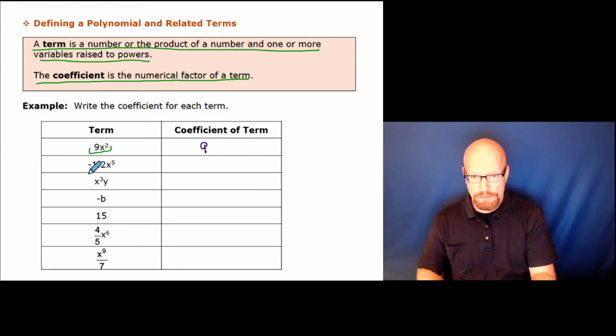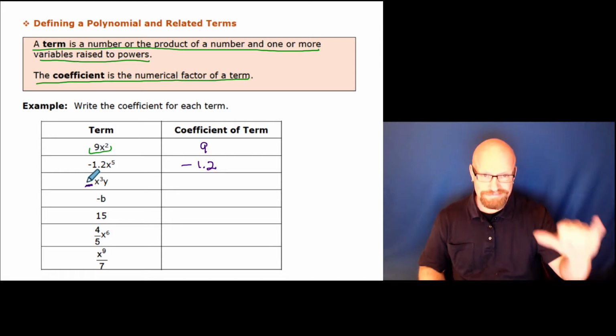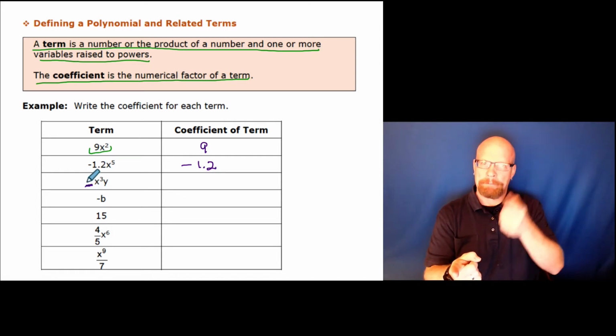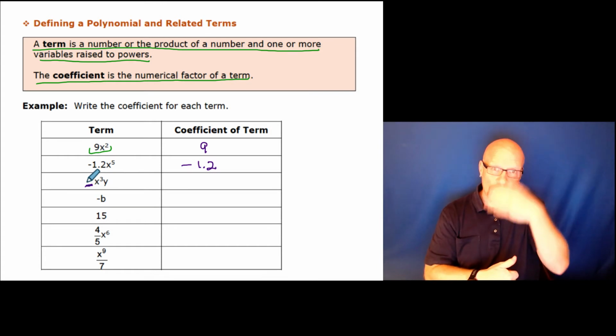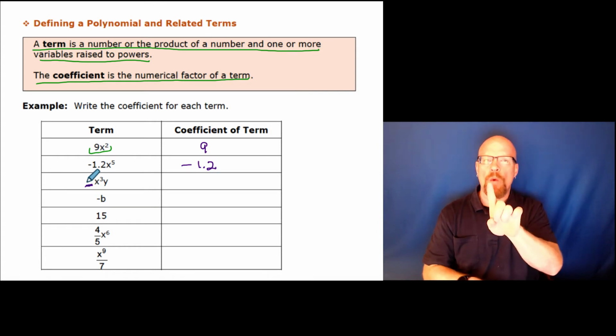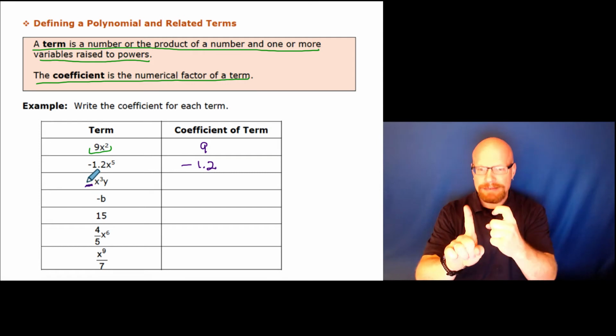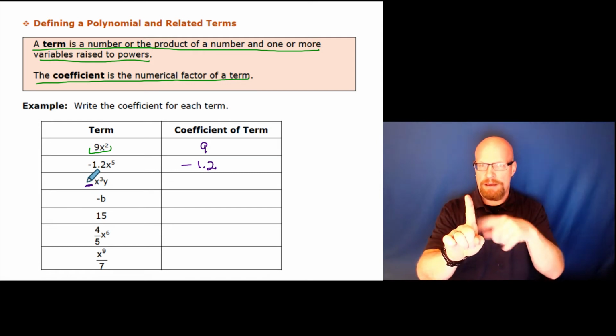Okay, now the second one. This one doesn't seem to have a number in front. But you remember that if there's no number written, the number there is 1. 1x cubed y.